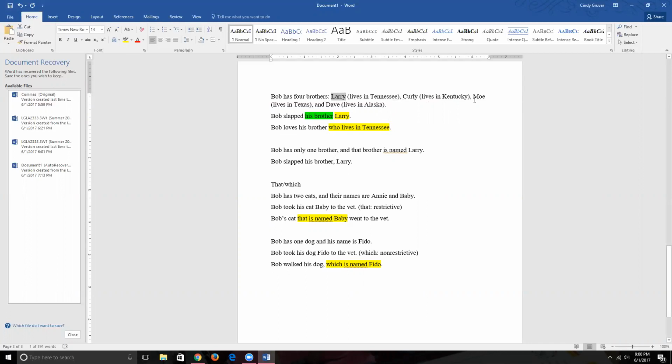We're excluding Mo because he lives in Texas. We're excluding Dave because he lives in Alaska. Now, Bob may love all of his brothers, but we're just talking about his love of one particular brother named Larry. And so this does give us essential information to make sense of the sentence. Because it's essential, because it restricts our data set, it functions like that, and we don't put it in commas. Okay?